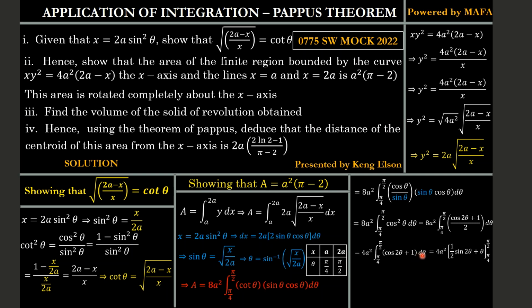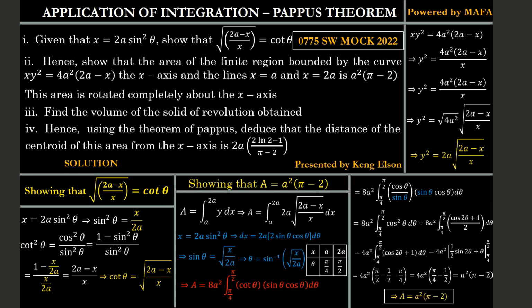Now we just integrate separately. When we integrate cos 2 theta, we get a half sine 2 theta. When we integrate 1, we get theta because we're integrating with respect to theta. Now from pi on 4 to pi on 2, we fit the upper limit and the lower limit and subtract. We simplify, and we get our proof that the area bounded by our curve, the lines x equal to a, the x-axis and the line x equal to 2a is given by a squared into pi on 2 square units.